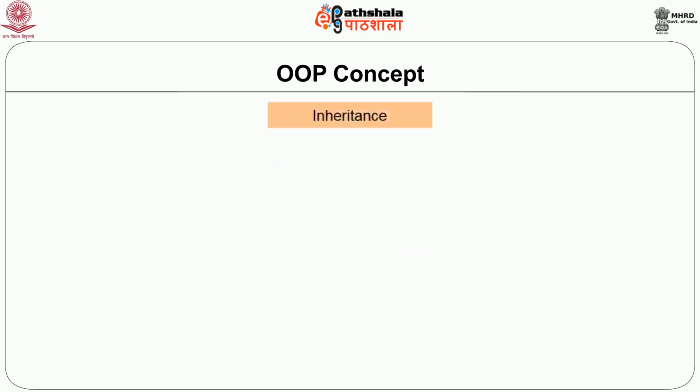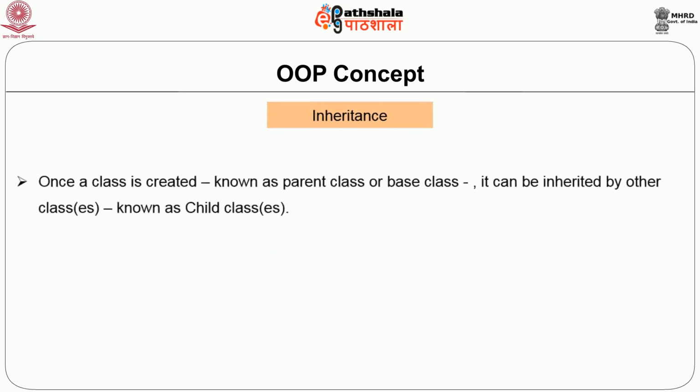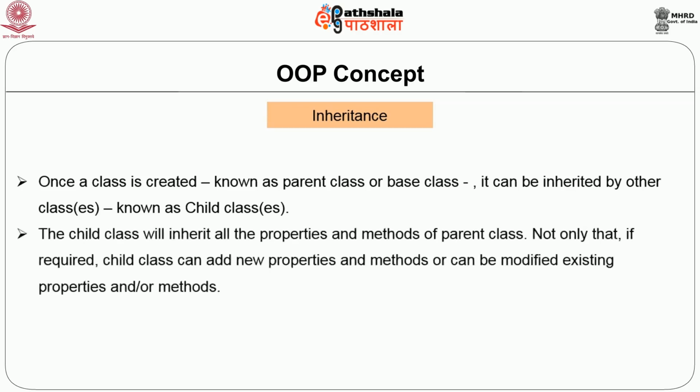The second concept is inheritance. Once you create a class, generally known as a base class or parent class, the class has some properties and methods. These properties and methods can be used by another class known as a child class. The child class inherits each attribute and method of the parent class.